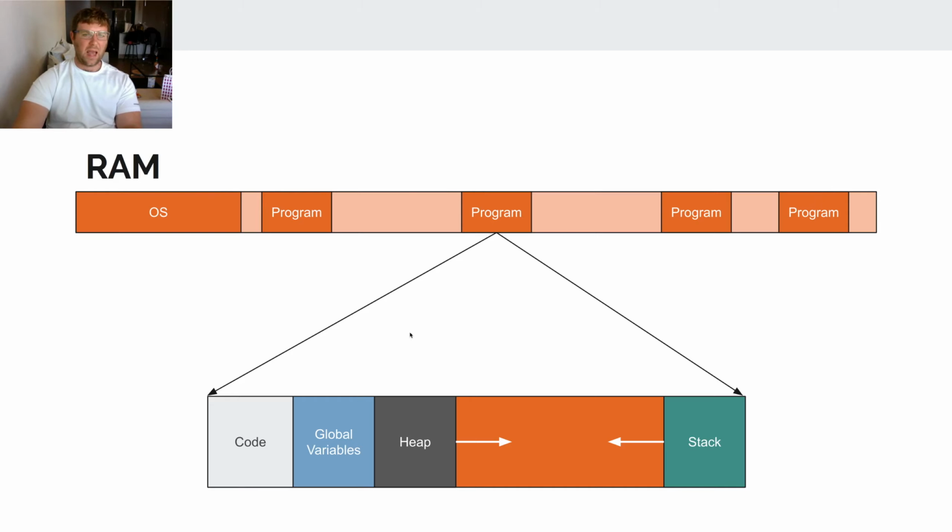And so a snapshot of what one of those programs might look like in RAM: somewhere in there is going to be a section for code, somewhere is going to be a section for global variables, somewhere is going to be the rest of our data that we're actually currently working on. And that's actually separated into two pieces called the heap and the stack, which we'll talk about.